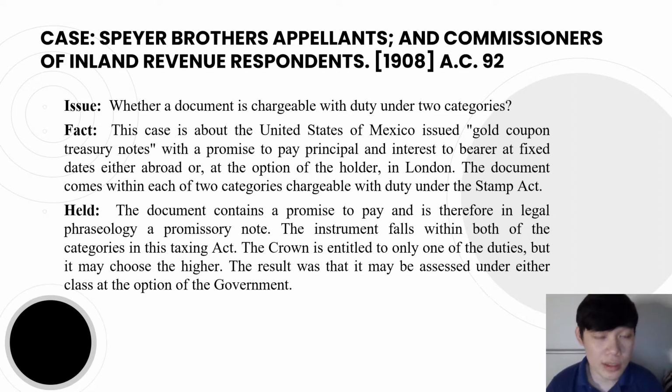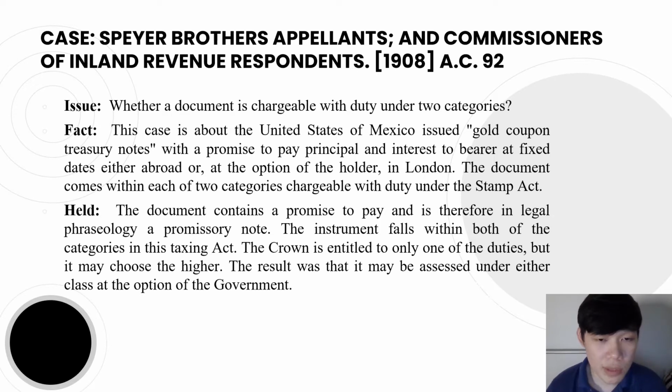The fact is about the United States of Mexico issuing gold coupon treasury notes with a promise to pay principal and interest to bearer at fixed dates either abroad or, at the option of the holder, in London. The document comes within each of 2 categories chargeable with duty under the same Act.